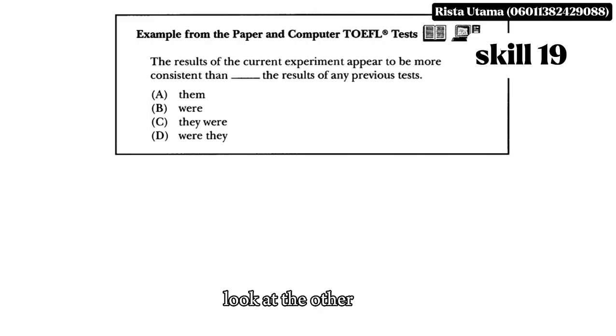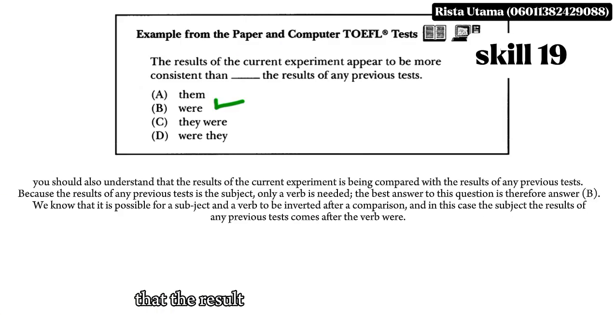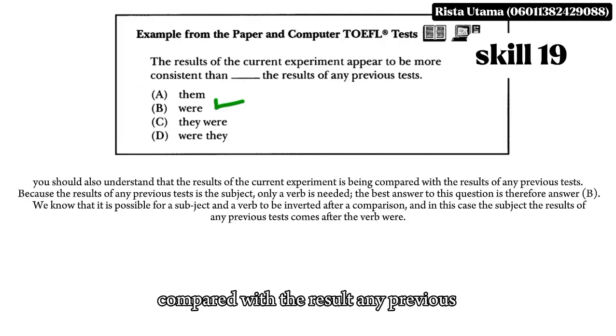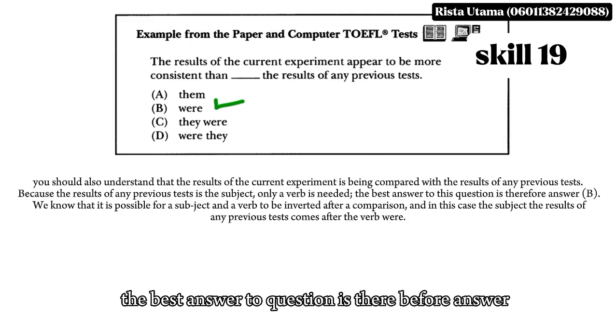Look at the other example question in the TOEFL test. Choose the right answer. The right answer is B. You should also understand that the result of the current experiment is being compared with the result of any previous test, because of the result of the previous test, the subject and verb are needed.